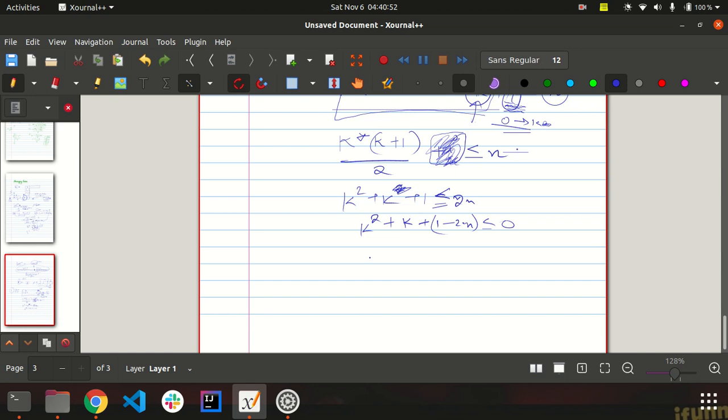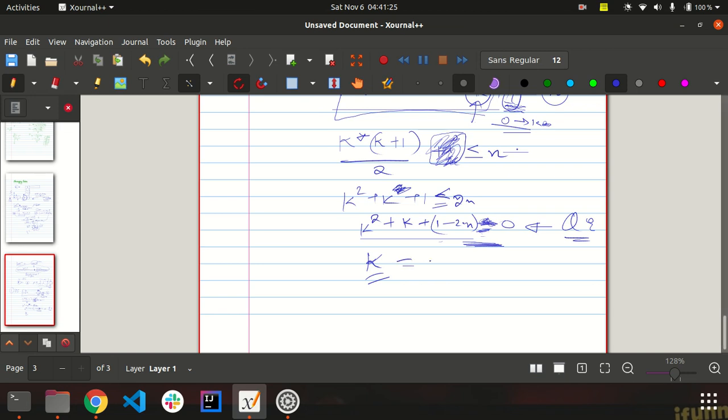And k can be written as, now this is basically a quadratic equation, right? And we know how we can find k's which solve this, which is the solution of this particular equation. Now we can remove this in this case, because we have to find the upper limit only, correct?